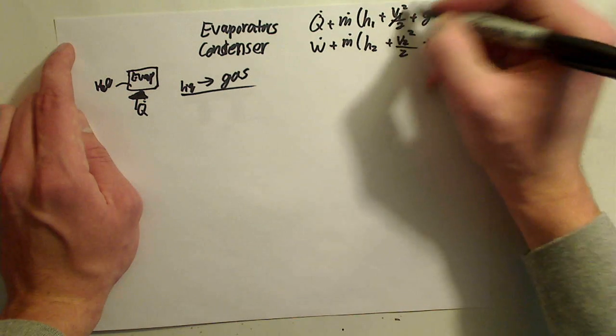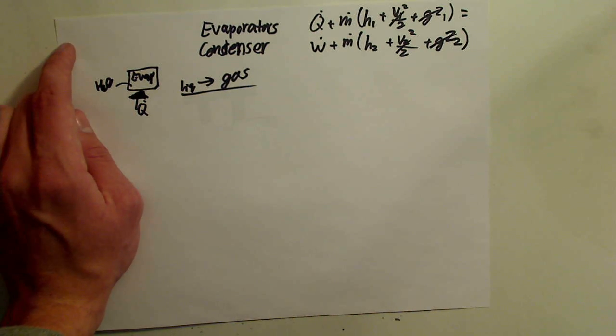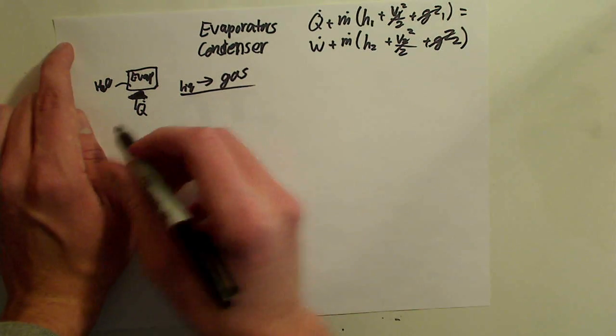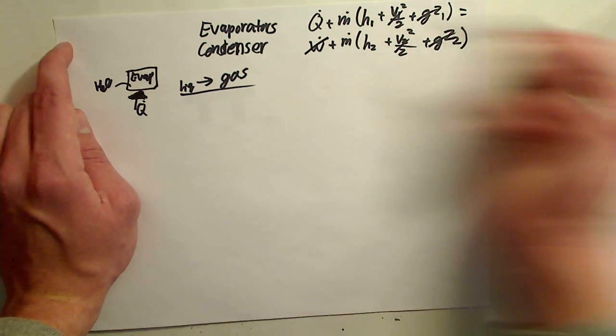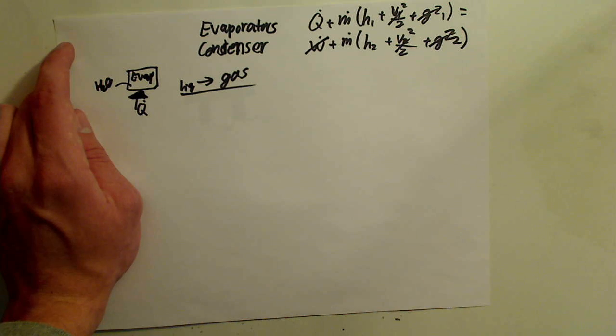Well, like normal, I don't really care about potential energy or kinetic energy. They do matter, but not nearly as much as enthalpy. And then we have work. There's nothing moving here. All we're doing is holding a pan over some flame, like a pot of water over a flame. There's no mechanical work being done.